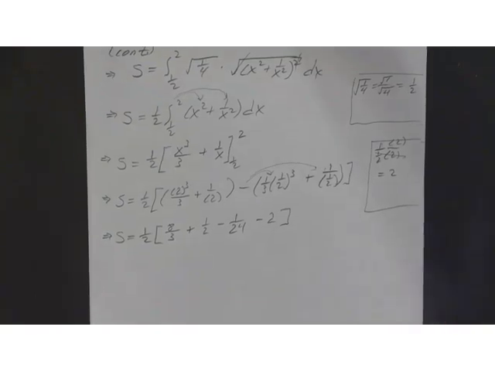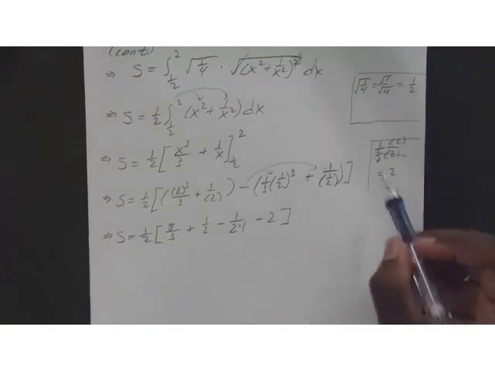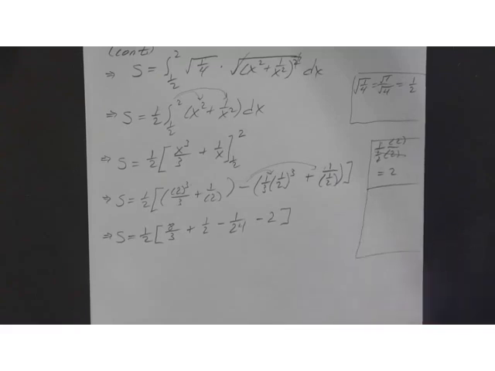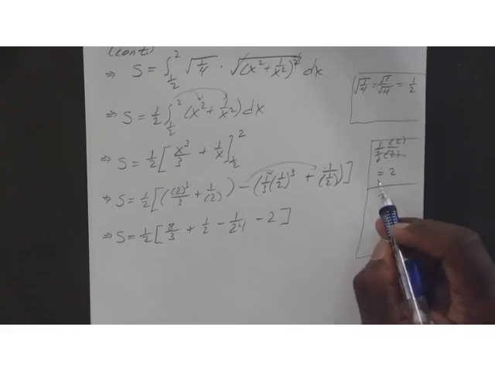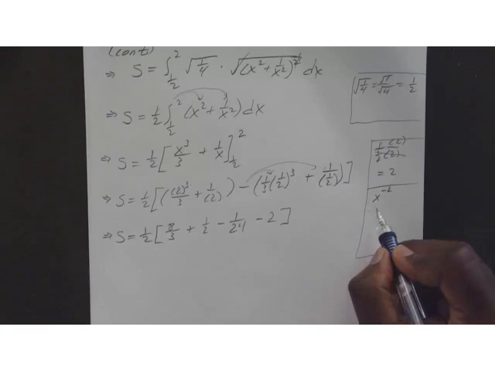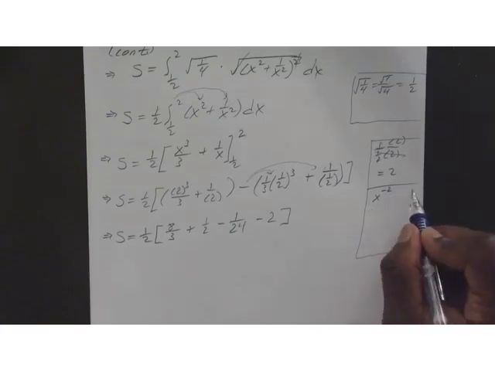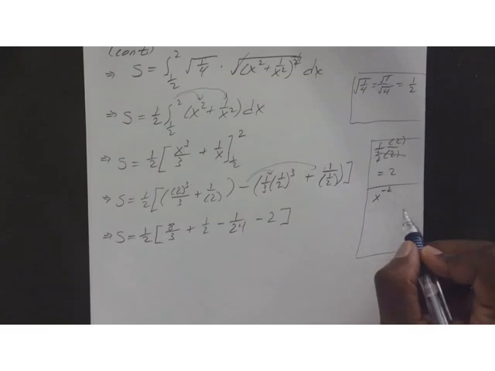Let me double check something. I think I saw a sign that should be just -2. Yep. So the integral of x to the power of -2 should be x to the power of -2 plus 1 over -2 plus 1. So that should be x to the -1 power over -1.